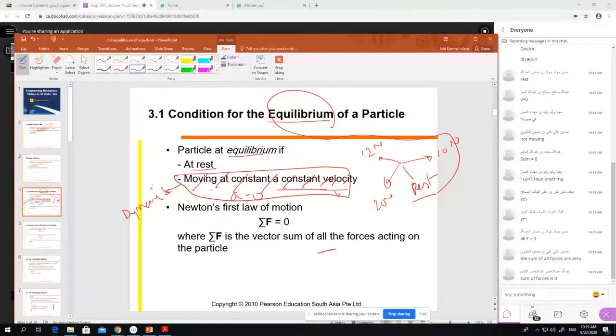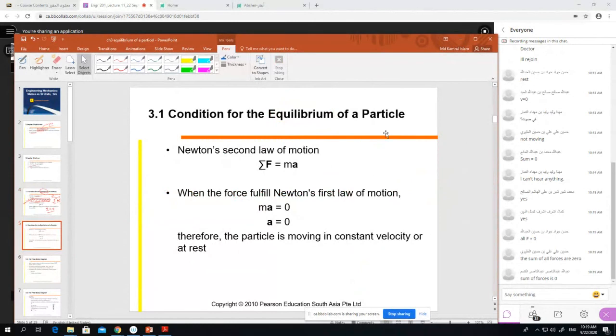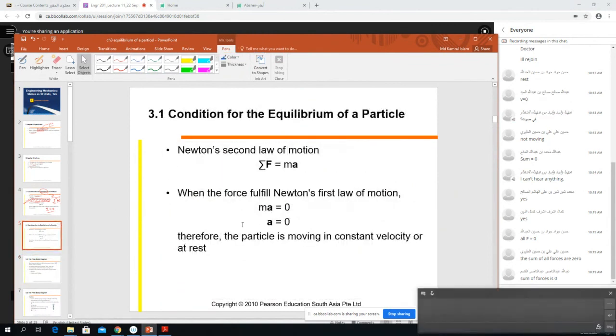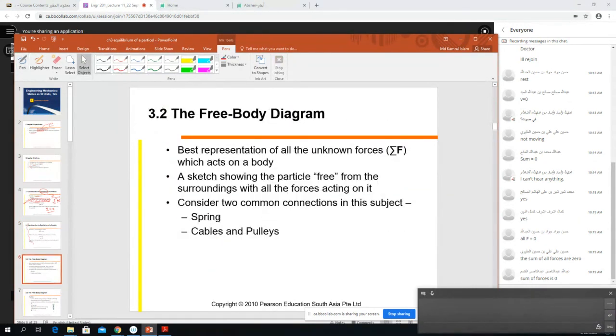That means mathematically the summation of all forces is 0. Here we apply 10, 20 and 12, and the sum of all forces will be 0. Newton's second law also gives the summation of F is 0. This is not much important in this course. It is all for dynamics, so I skip this slide.